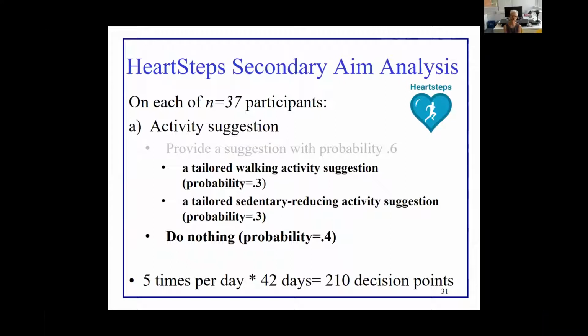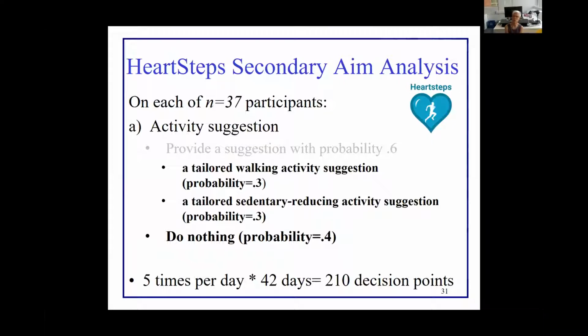So we wanted to know, one thought was, well, if we can just get you to stand up, maybe you'll start walking. Maybe if we can just get you going. Or do we have to give you a more burdensome message, the 3-minute message, which is the first type, the walking activity suggestion. So now you're going to see how we start to look at that.